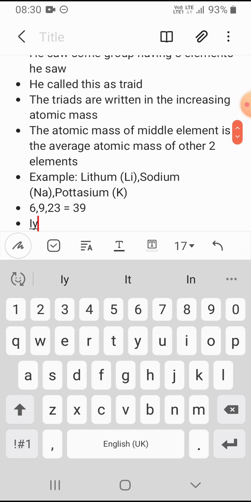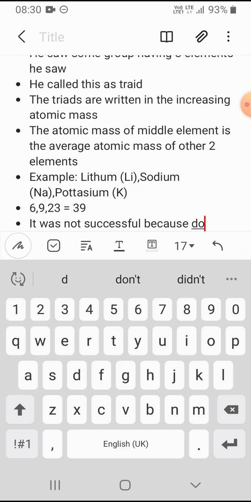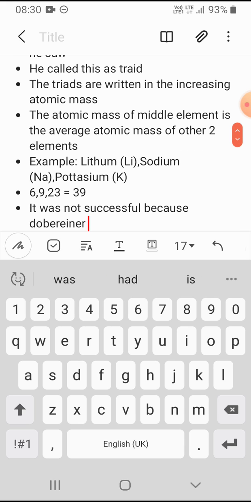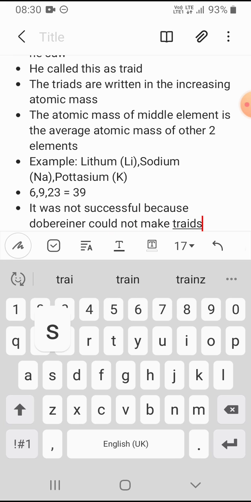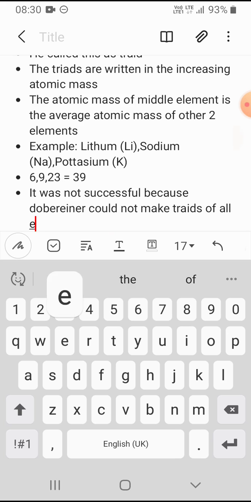So it was not successful because Dobereiner could not make triads of all the elements present at that time.